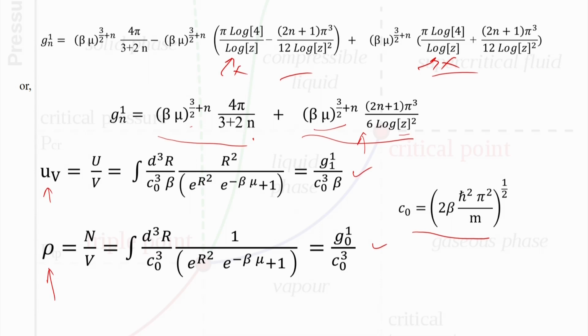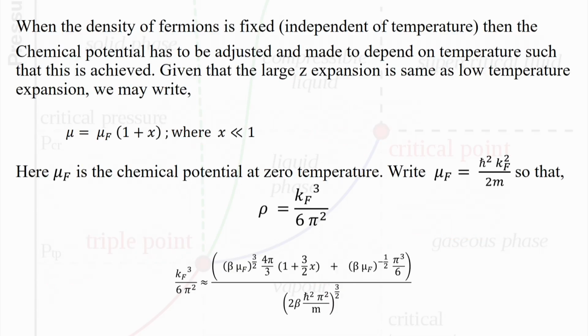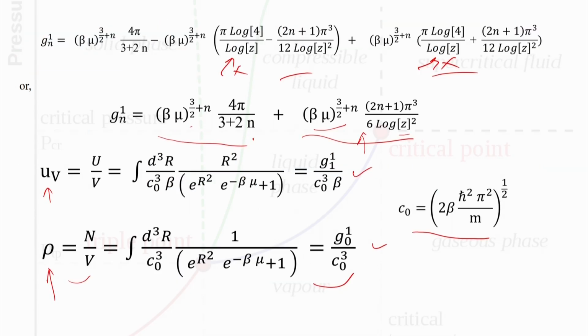I have to use this as a kind of dictionary where I translate the chemical potential language back into the number density language. Unfortunately, it has to be done, and it has to be done on a case by case basis, because for fermions the details are different, and for bosons the details are very different.